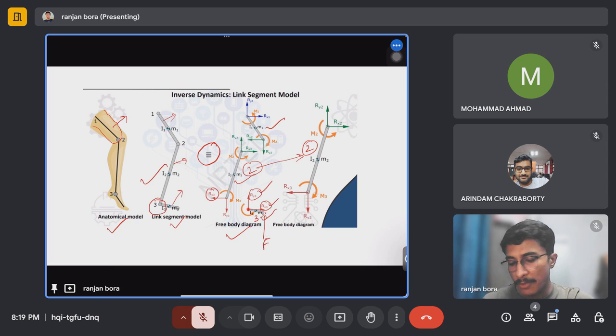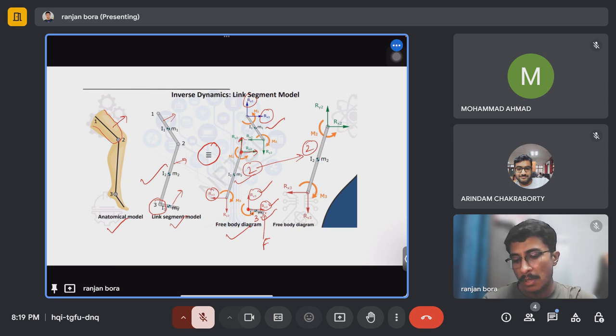Using those data, we can find the joint reaction forces at our knee, Rx2 and Ry2, and the moment produced at the knee joint, M2. Similarly, using the knee joint data, we can find the joint reaction forces at the hip joint, Rx1, Ry1, and moment M1.